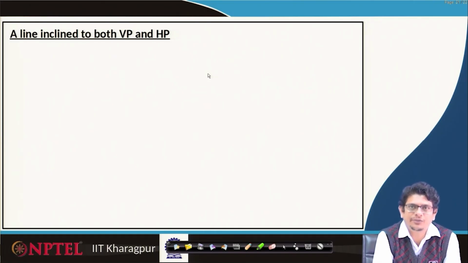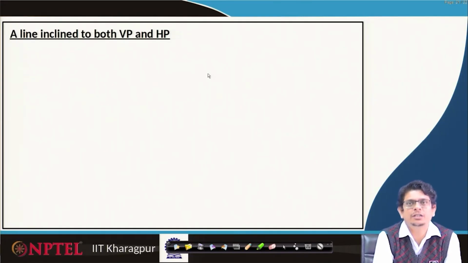There we will ask different questions. If a line is known, what is the angle it is making with the planes, we know how to draw projections. The second question we will ask is, in case we know the projections, how to find the true length of that line.